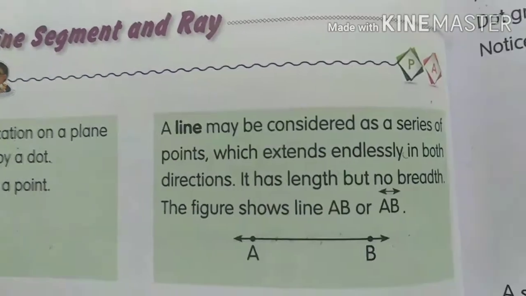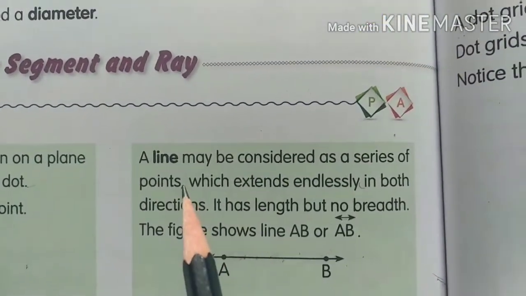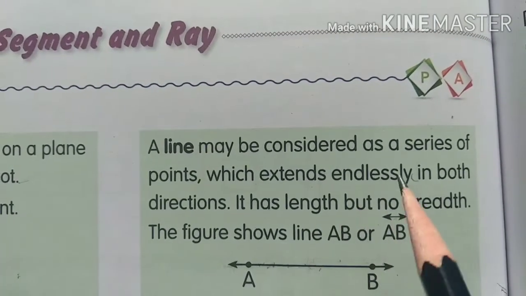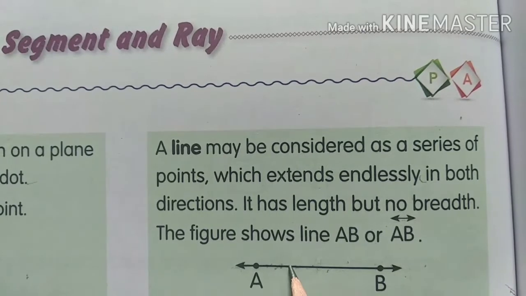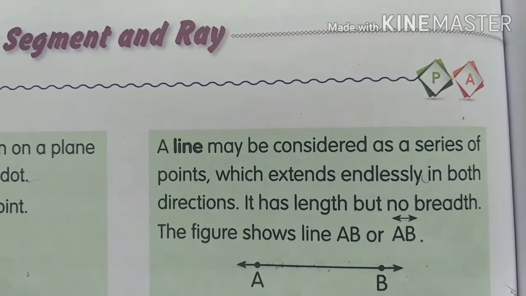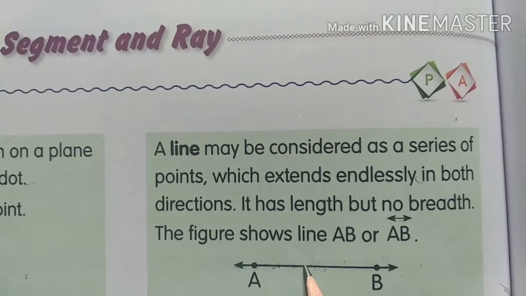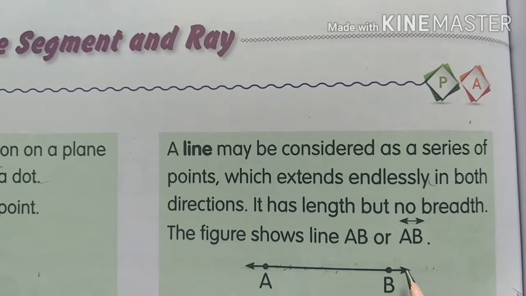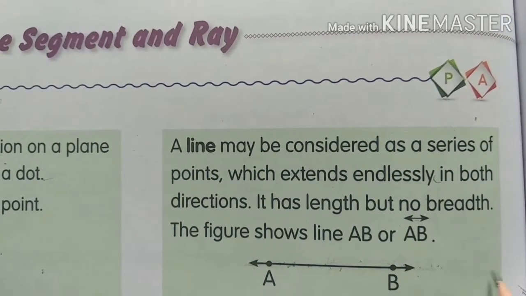Once again, listen. The definition of a line is: a line may be considered as a series of points. It means this line has so many points which extend endlessly in both directions. This side also has no end, it will go continuously.